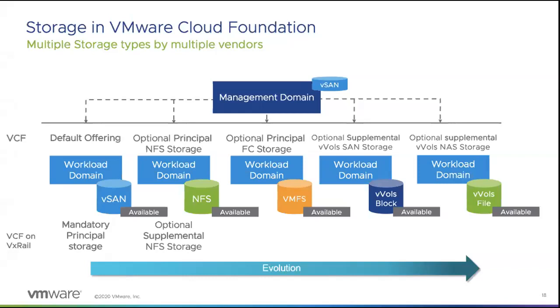For VCF on vSAN ready nodes, the default offering is vSAN as principal storage, but you can also have NFS or Fibre Channel as your principal storage, and you can have vVol block or vVol file as your supplemental storage. But for VCF on VxRail, your principal storage is mandatorily vSAN, and your optional supplemental storage can be NFS. So essentially with VCF on vSAN ready nodes, you have more principal storage options. And in the future, we are working on getting that on VxRail as well.